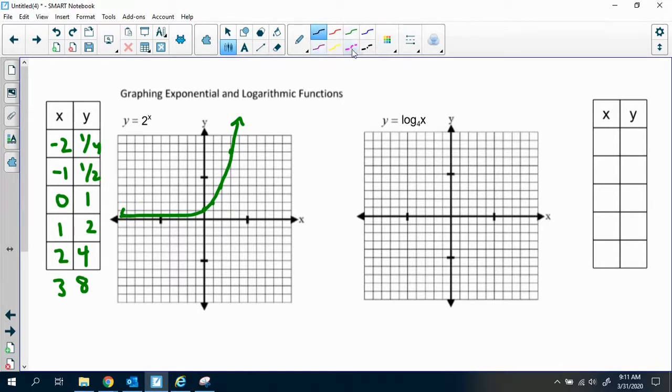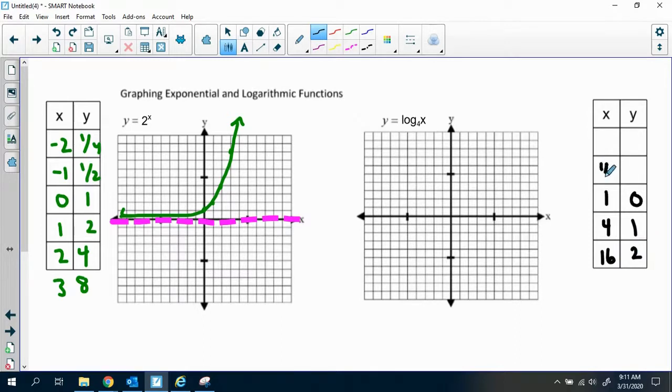Notice that I have an asymptote at y equals 0. So that asymptote is something that's never crossed. In log base 4, these are not inverse functions, notice, because this is log base 4, not log base 2. But if I sub in 1 for x, I'm going to get 0. If I sub in 4 for x, I'm going to get 1. If I sub in 16 for x, I'm going to get 2.